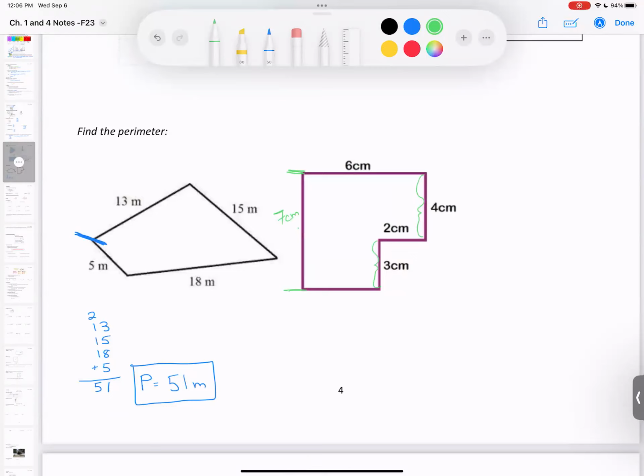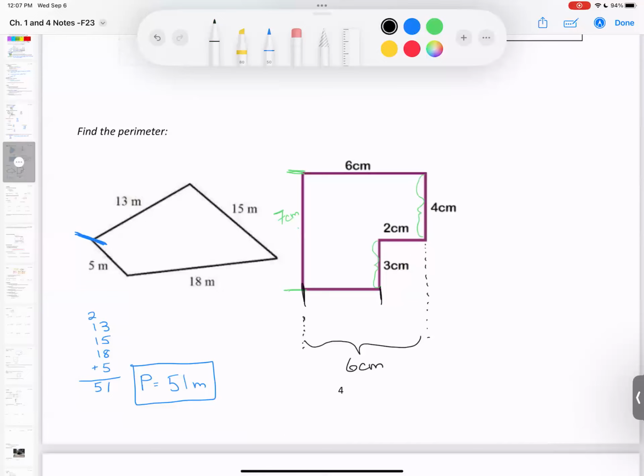Okay, let's take a look at that other one. So we're also missing this length right here, but that longer length here, maybe I'll just kind of try to draw it here. If you think about the whole shape, right, that top length they give you is 6 centimeters, which means this distance down here would also be 6 centimeters.